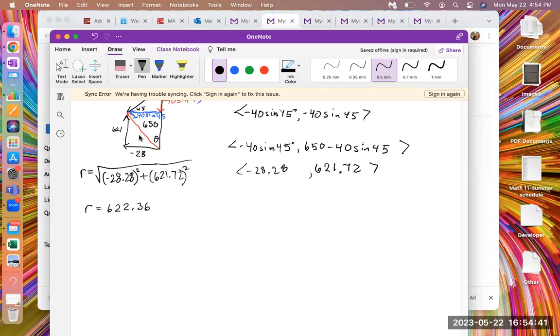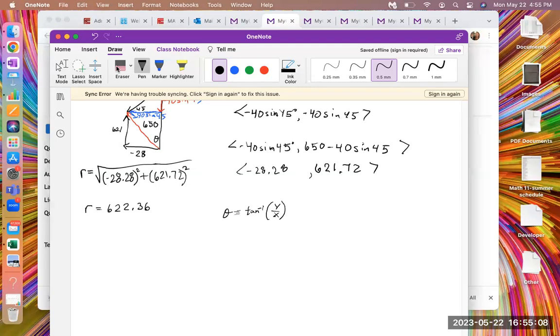So what I can set up is I can say, when I use this equation, theta, I do the inverse tangent. Typically, if it's a vector, we would do the inverse tangent of y over x.